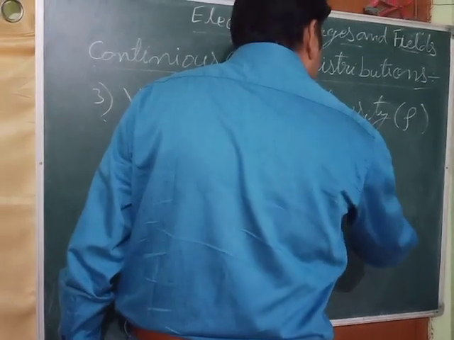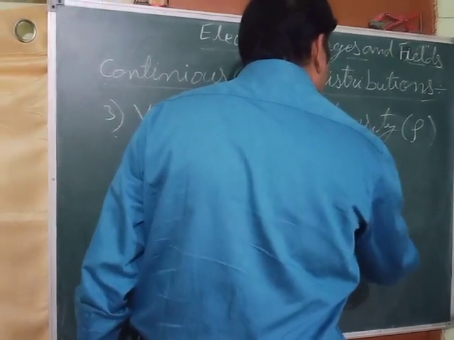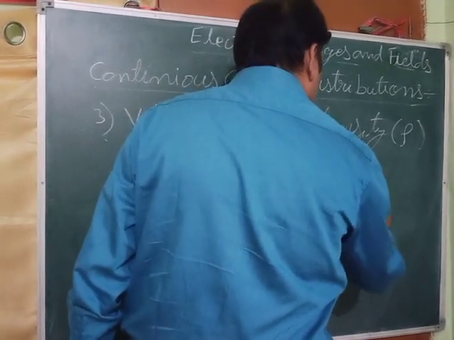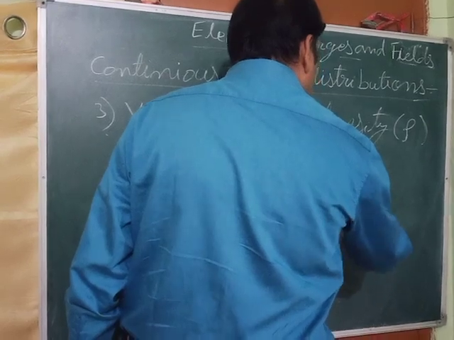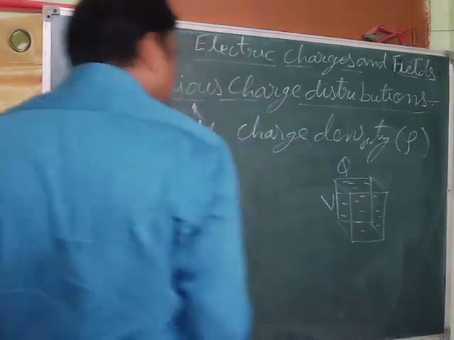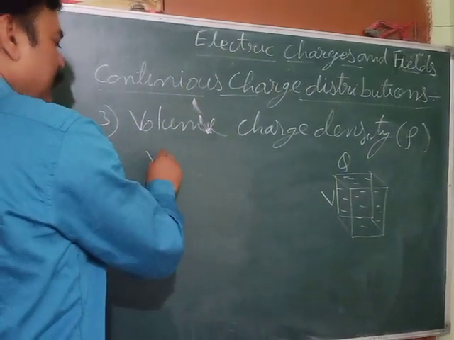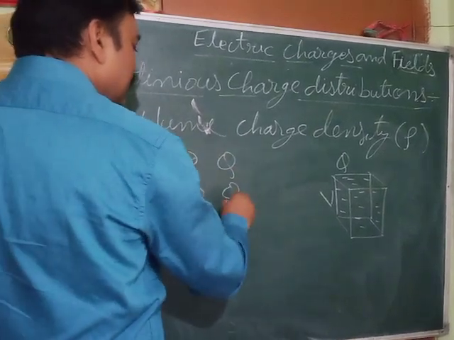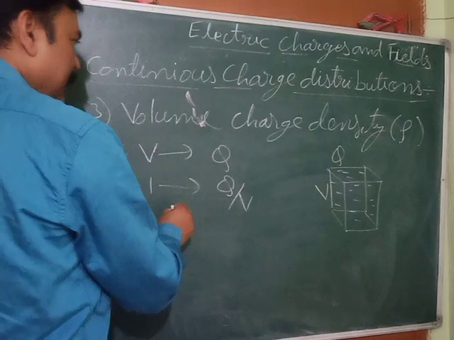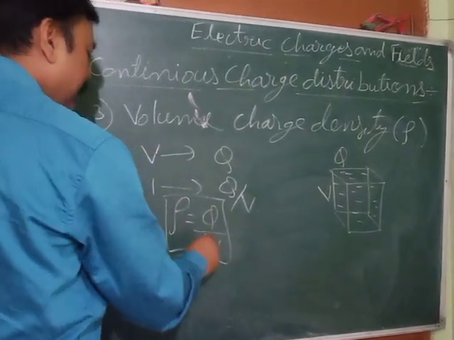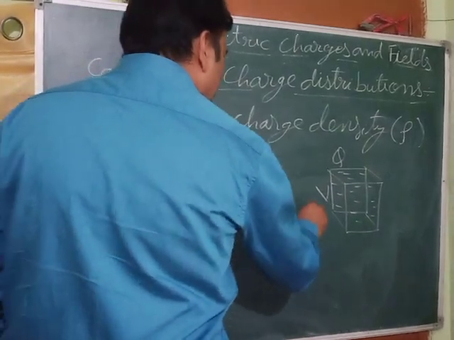Suppose we have a three-dimensional body with Q charge and its volume is V. So V volume has how much charge? Q. So unit volume will have how much charge? Q upon V. So rho is equal to Q upon V. In differential form you can write rho is equal to dQ upon dV.